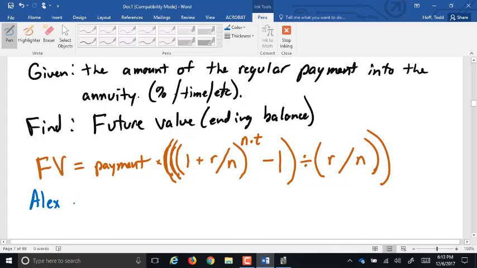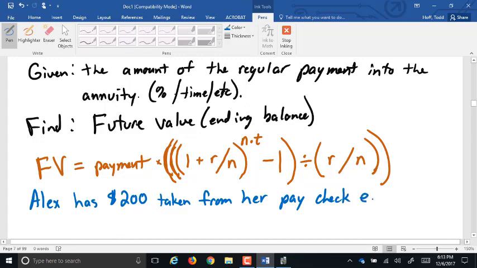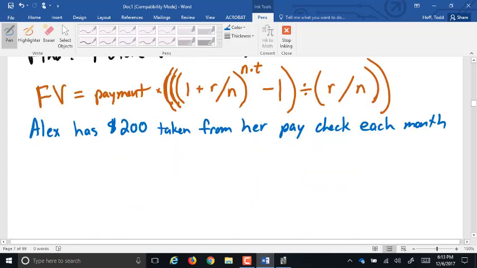Alex has $200 taken from her paycheck each month and invested in a 9.1% ordinary annuity.